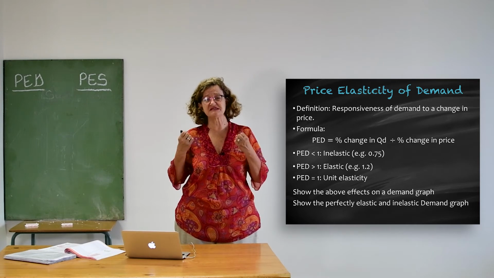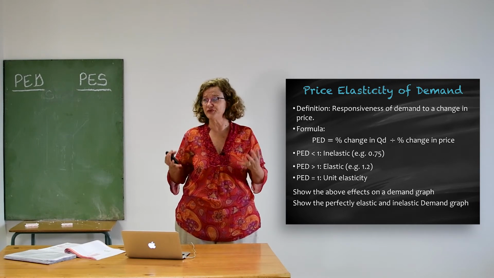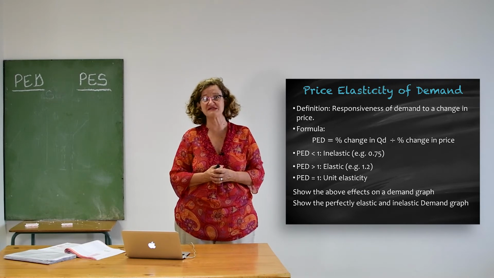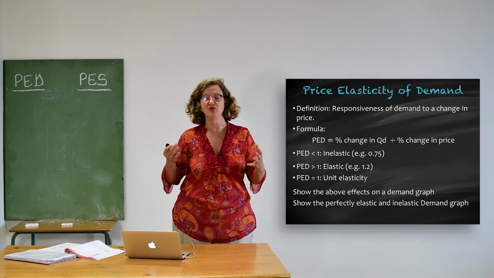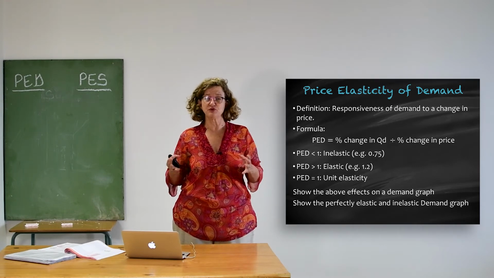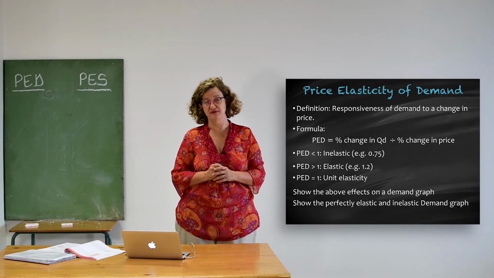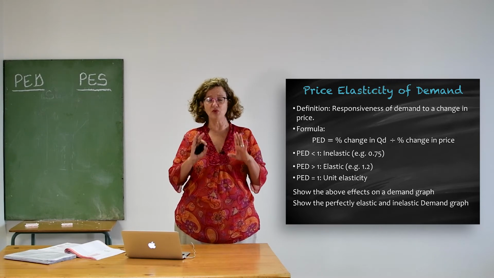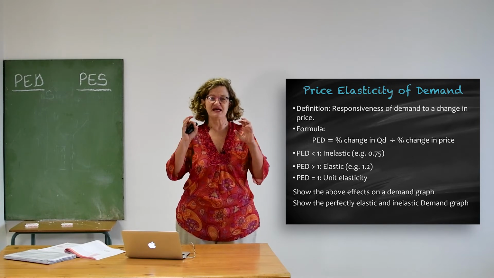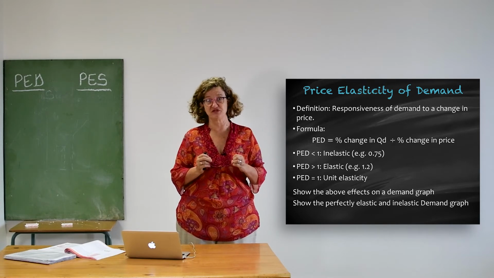So in a case like that, you realize that all your answers for price elasticity of demand will have a minus sign in front of it. But we will ignore that. So we will always just work with the figure as if it is a positive figure.